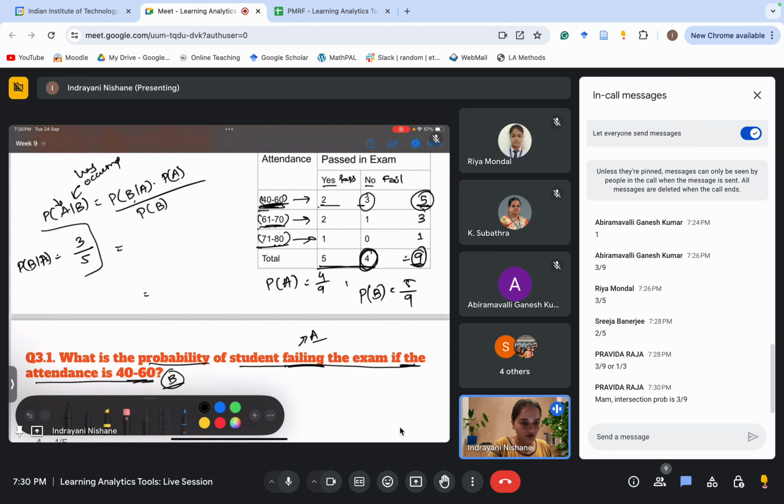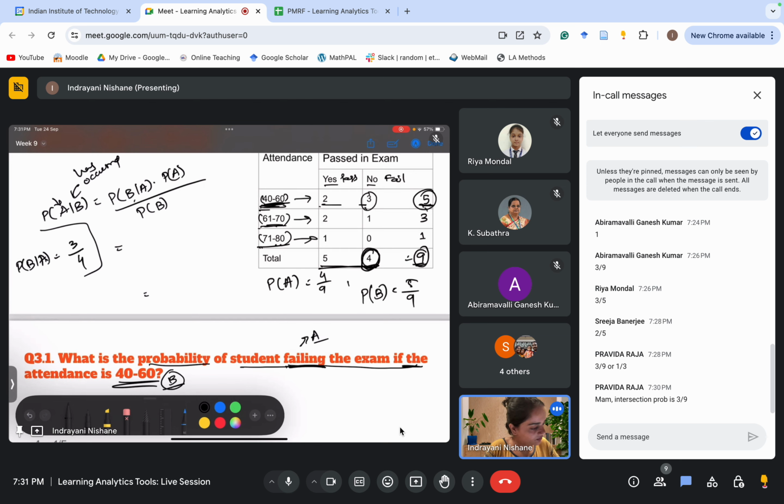Now, for the probability of attendance between 40 to 60 given that the student failed, I made a mistake: I did not consider that A has already happened.